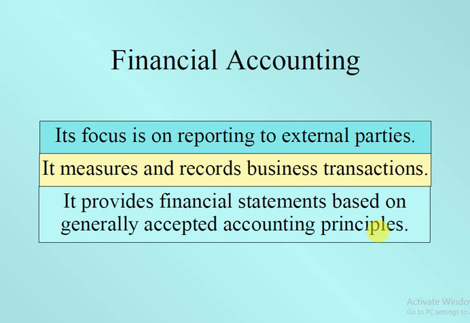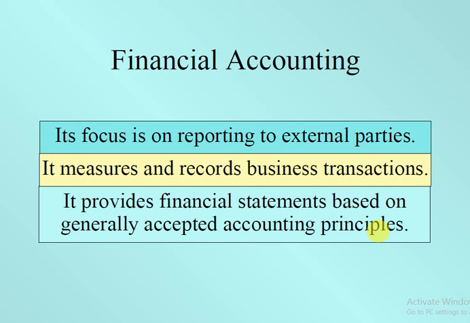Financial accounting always focuses on reporting to the external parties as well as the internal parties, but this financial information is very properly designed and all the transactions are very properly passed according to these principles, right?